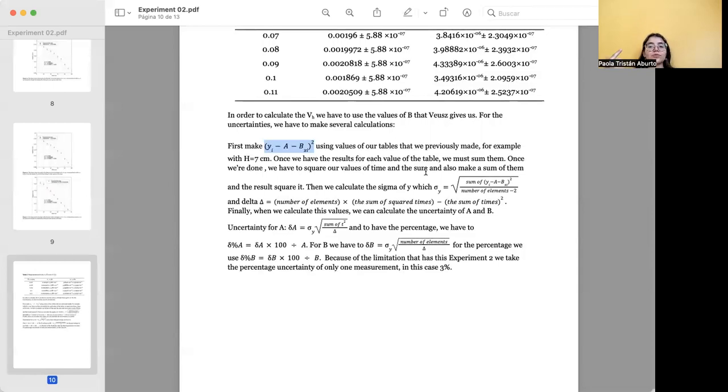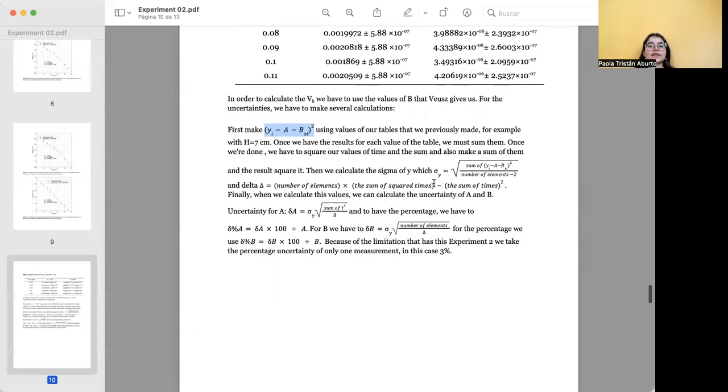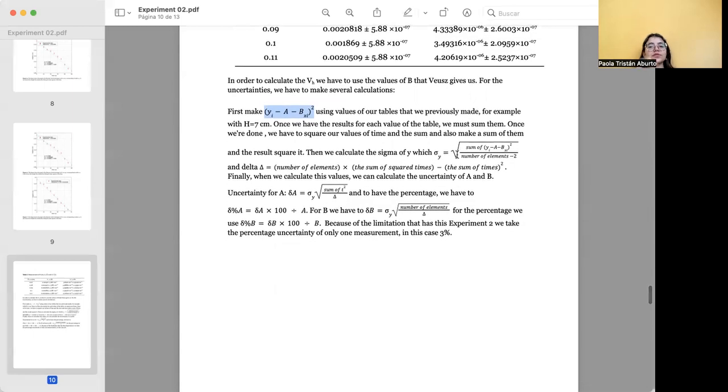And after that, we make another sum of these times, but the result is only squared. Then we calculate sigma y, which is the square root of the sum of this small equation divided by the number of elements that we have in our table minus 2.